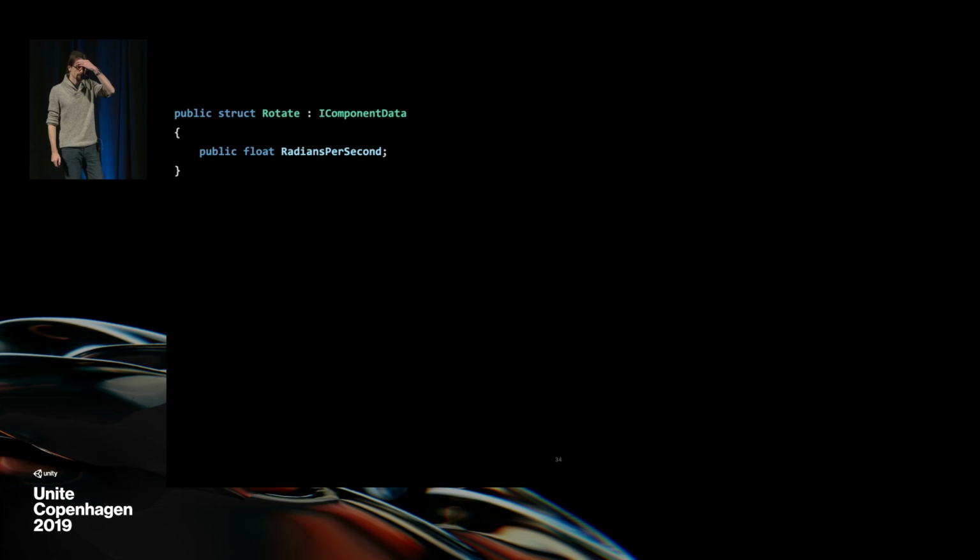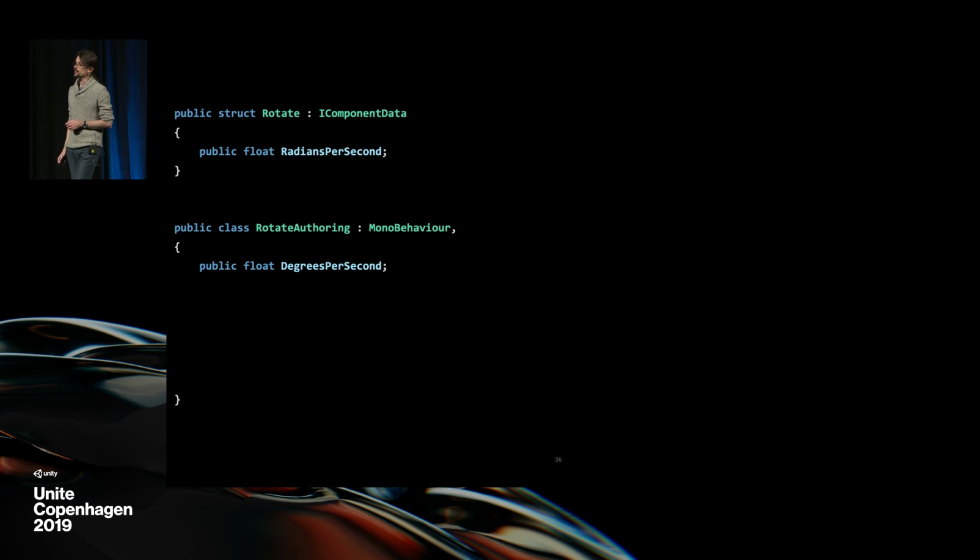So now, the component that I want to have on the ECS side is this. It implements IComponentData, and it contains my value in terms of radians per second, so the machine optimized version. Then I will have a rotate authoring component, a MonoBehaviour in this case, that I will attach to my GameObject, which has to be converted.